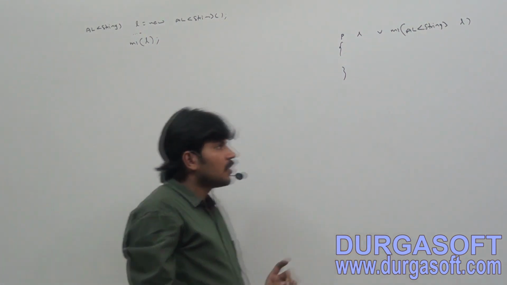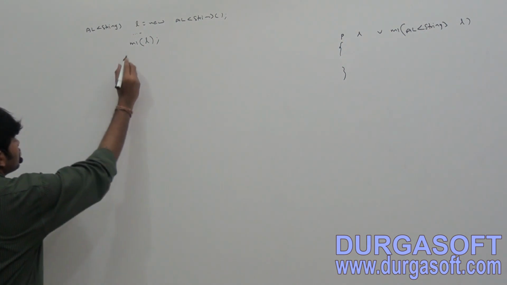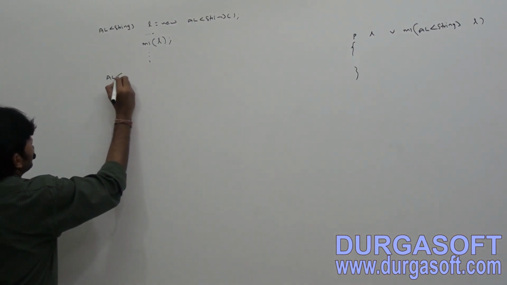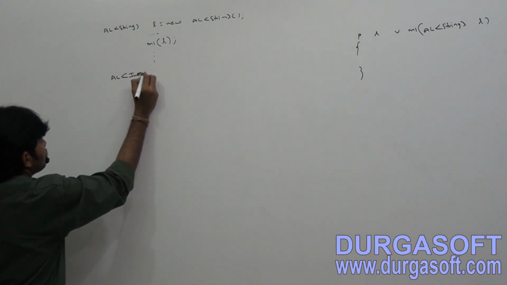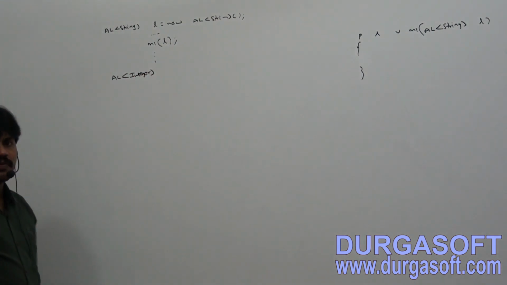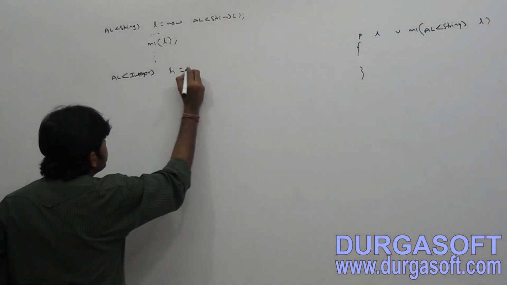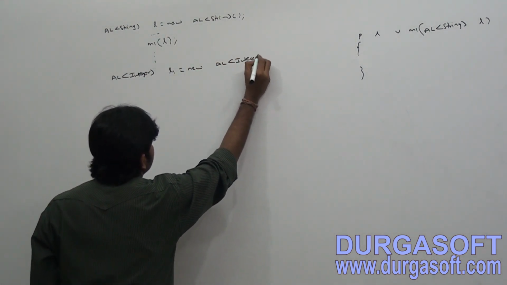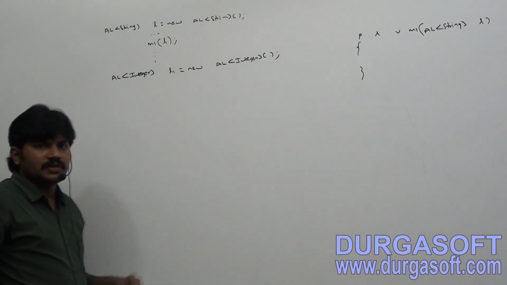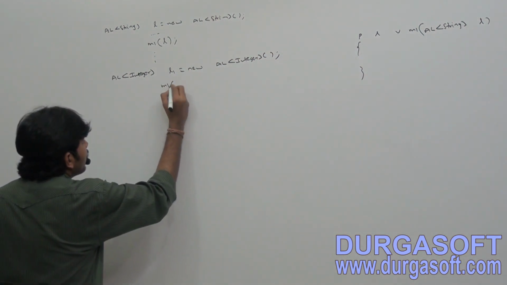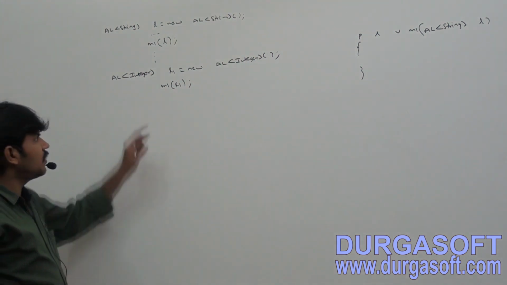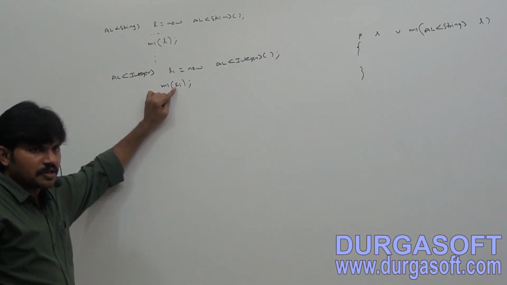Now my requirement is, after some time, I created an ArrayList of Integer, L1 is equal to new ArrayList of Integer. I am calling m1 by passing L1 as the argument.